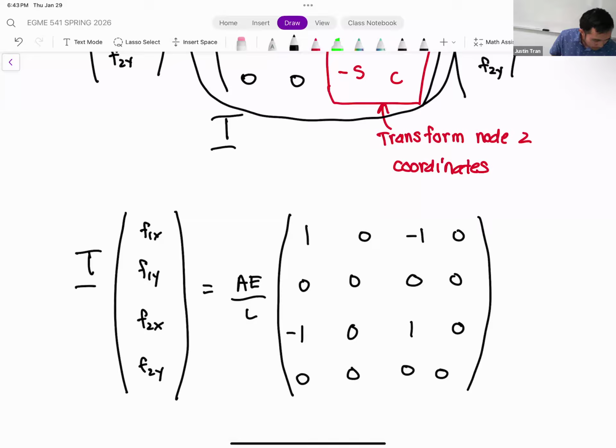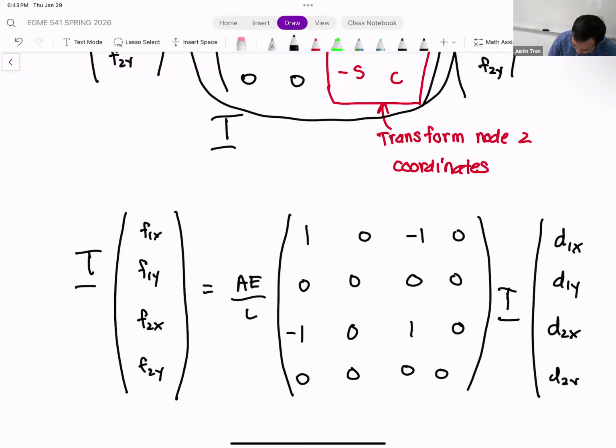And we have the same thing that we're going to transform on the deformation. So we have big T multiplied by D1x, D1y, D2x, D2y.